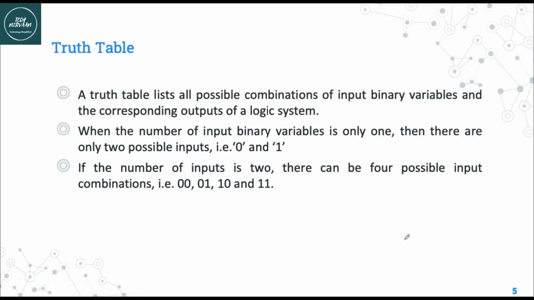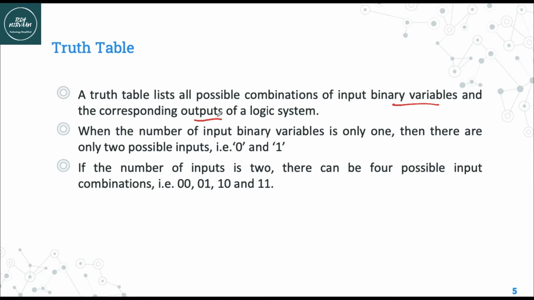Now, truth table. To understand the working of logic gates, we need to develop a truth table. So what is a truth table? A truth table lists all possible combinations of input binary variables and the corresponding outputs of a logic system. If you take any logic system, there must be some binary inputs and outputs.